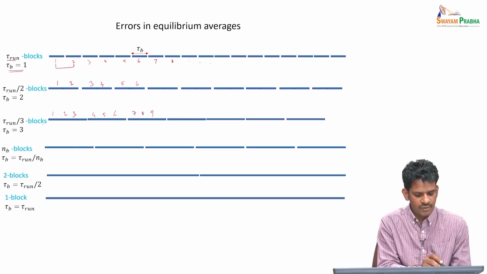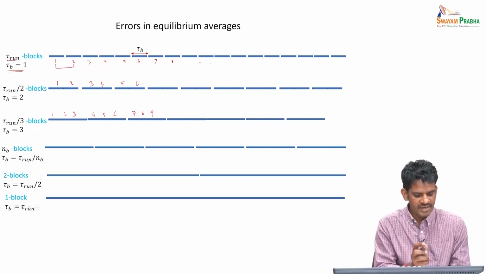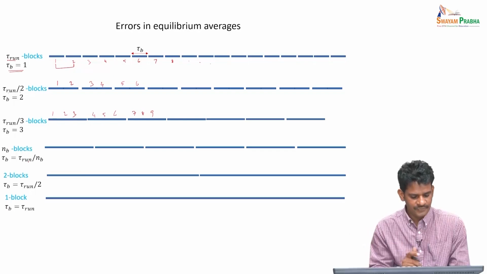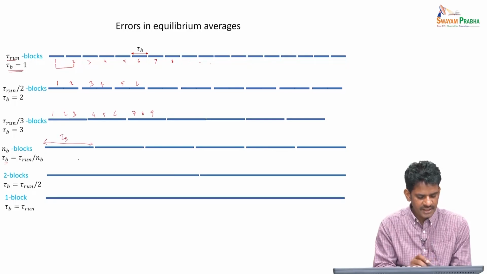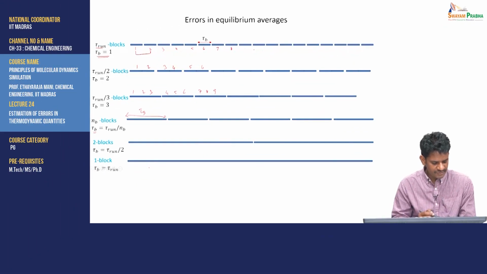The number of blocks would be tau n by 3, and you can extend this approach by making the segment longer and longer. Here we have chosen tau b as the length of the segment, and the number of blocks would be tau n by tau b. If you continue, finally we will have just one single block having length equal to tau b.